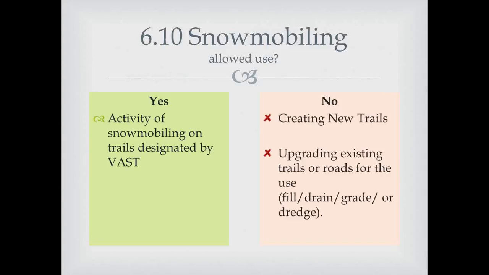But creating new trails or upgrading existing trails or roads for that use that involves fill, drain, dredge, or grading is not considered an allowed use. And I had a pretty substantial violation up in the Northeast Kingdom a couple of years ago that cost that snowmobiling community quite a bit of money to get that permitted.